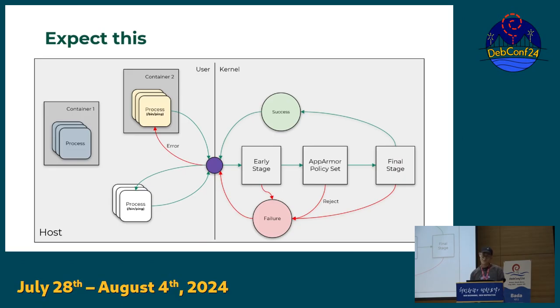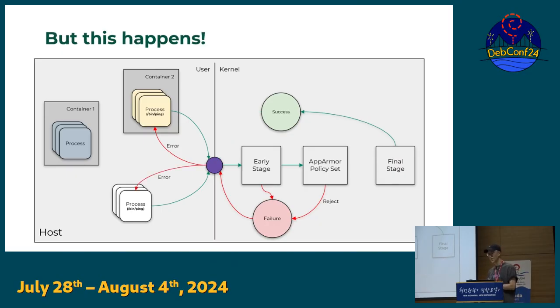That's the system you want to function. The ping process running on the host should return success, while the one in the container should result in an error. So you define a policy and load it to the kernel for the container.